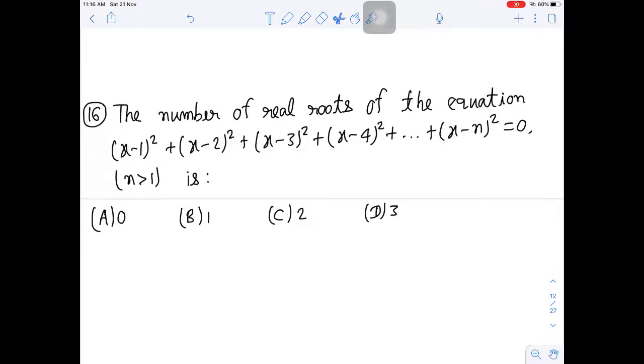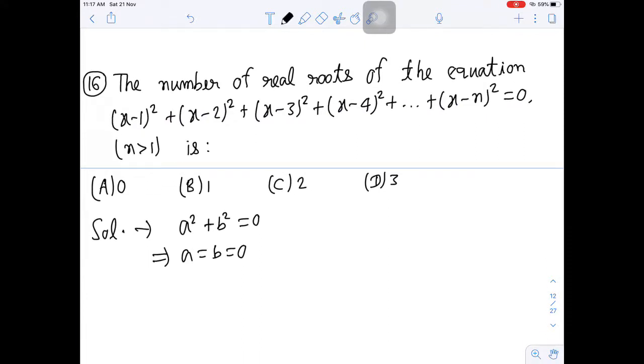Okay, you might have studied that if you have a square plus b square equal to 0, it is possible only if a and b both are equal to 0. Similarly, if there are n terms, the sum of squares of those n terms will be equal to 0 only if all are equal to 0. But all can't be 0, because x minus 1 also has to be 0 and at the same time x minus 2 has to be 0, which is not possible.